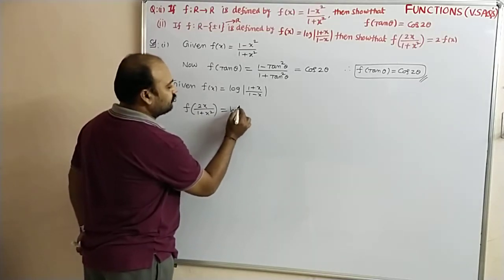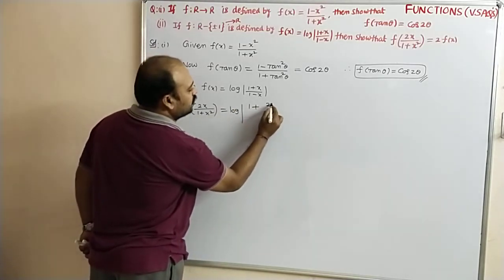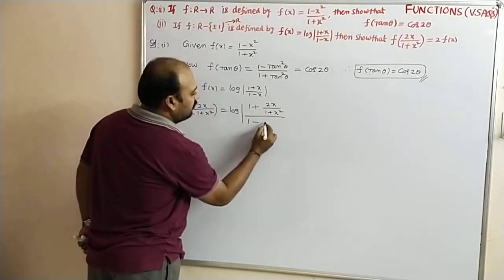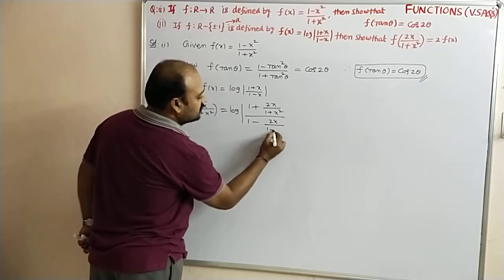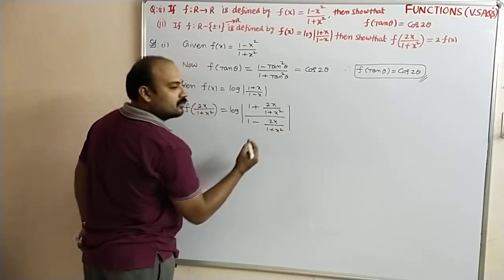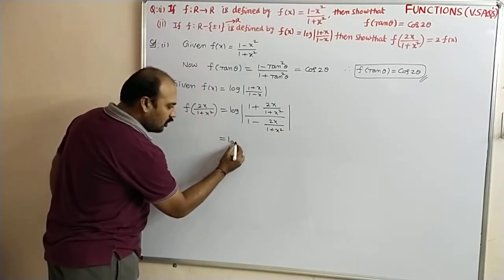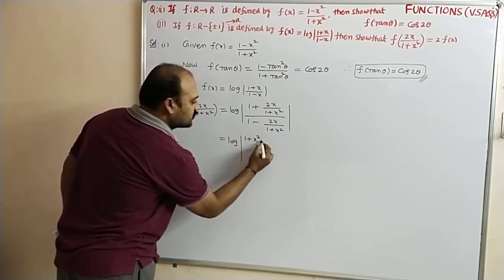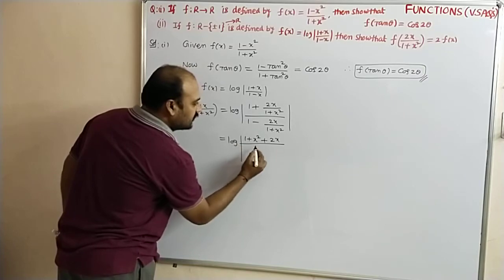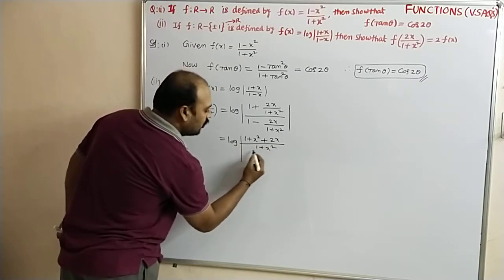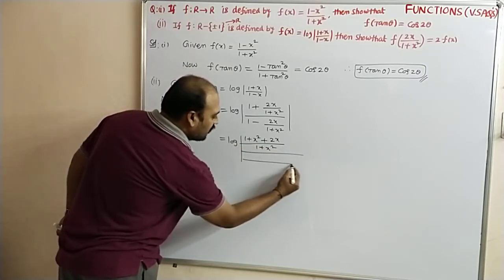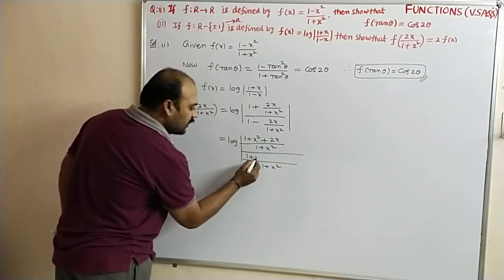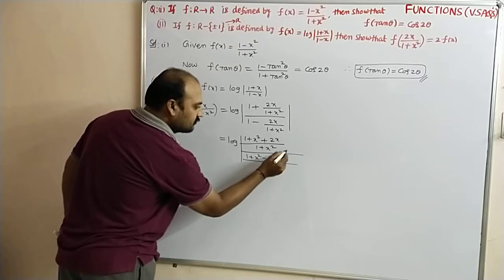Log of 1 plus 2x by 1 plus x square divided by 1 minus 2x by 1 plus x square. Which is equal to log mod, taking LCM, 1 plus x square plus 2x divided by 1 plus x square, whole divided by 1 plus x square is the LCM, 1 plus x square minus 2x.